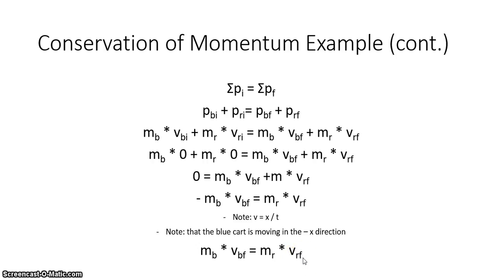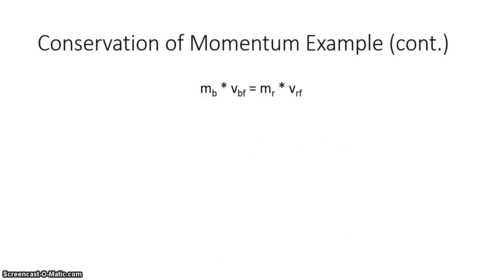All right. So now, let's go over to our new page here. And we also know, remember from our note before, we can replace our v's with x divided by t. And so that's what we did between this line and this line. We replaced our velocity with the displacement divided by time, which is the equivalent of the velocity.